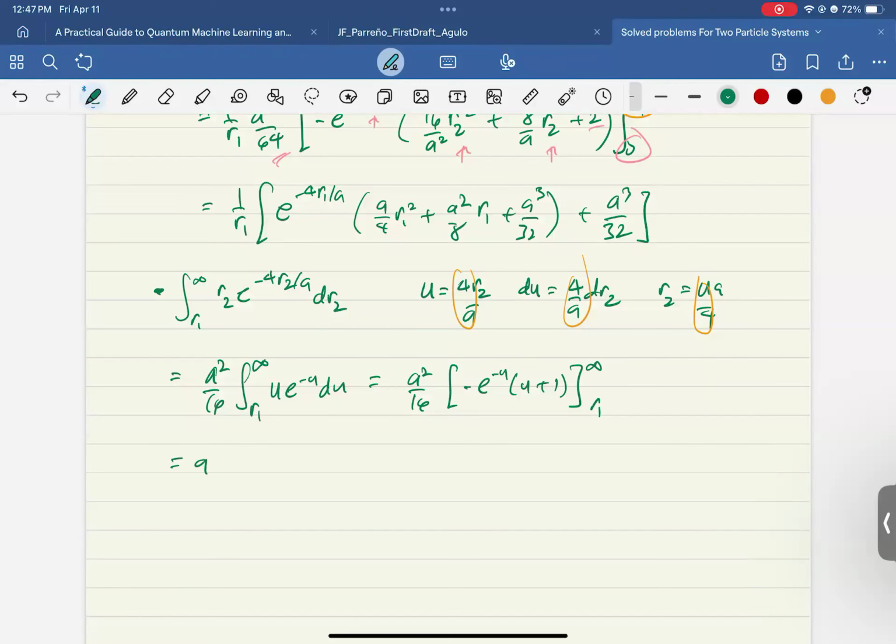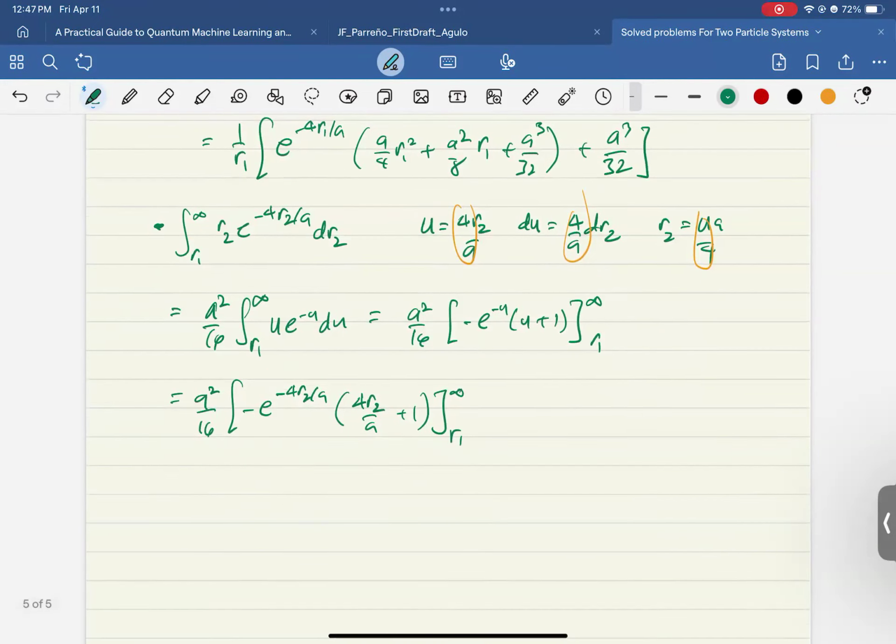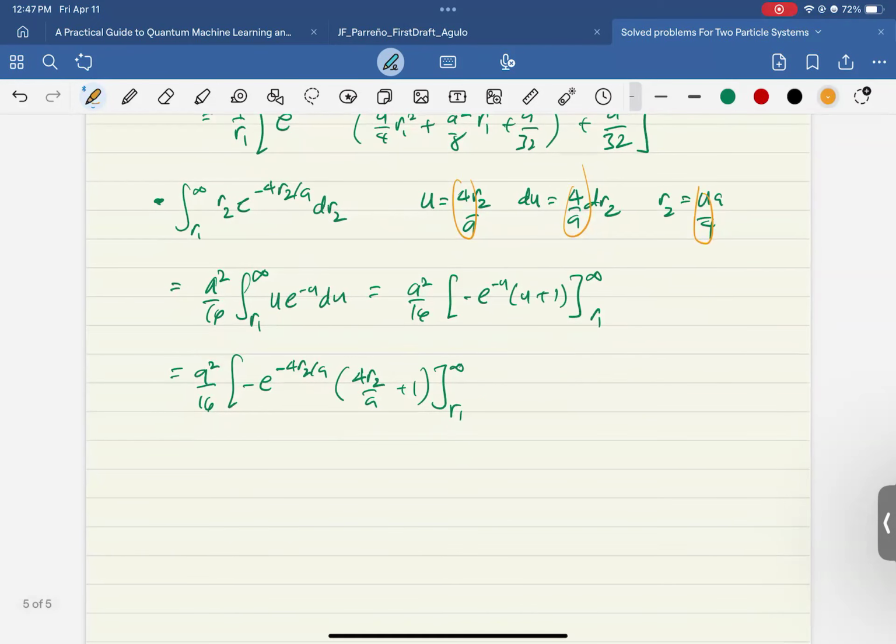So we have A squared over 16. Then balik natin yung R2 dito. So negative exponential minus 4 R2 over A, 4 R2 over A plus 1. Okay, from R1 to infinity. Now, evaluate natin over infinity, yung integral, this becomes 0.